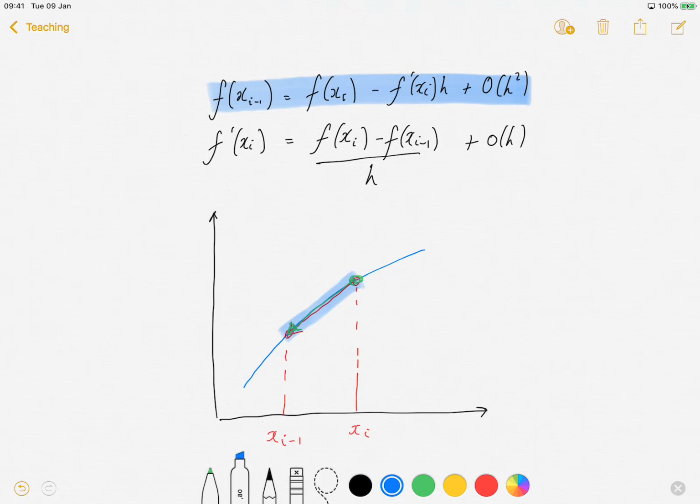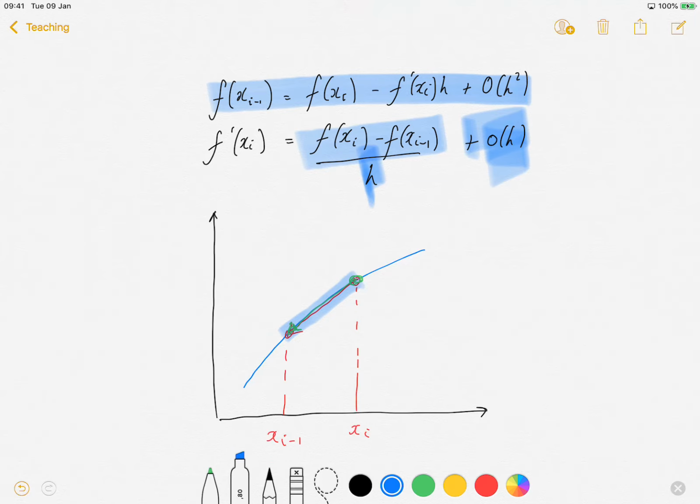Now we can approximate the derivative of our function by rearranging this Taylor series to get that the derivative using the backward difference method is equal to the difference between f at xi and f at xi minus 1, divided by h, plus our error term. Now, as I've already mentioned several times, this is known as our backward approximation of the derivative.